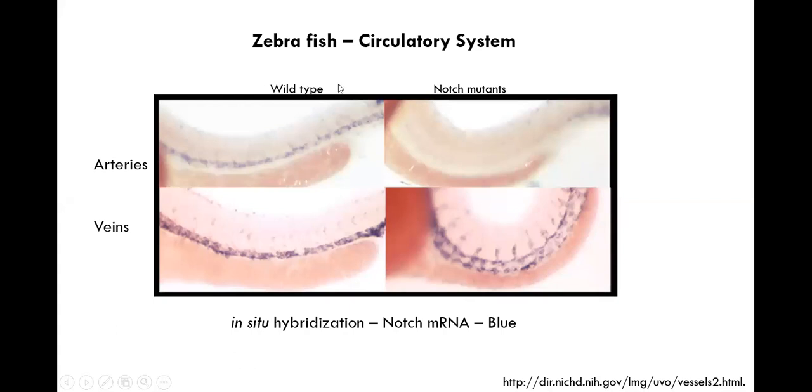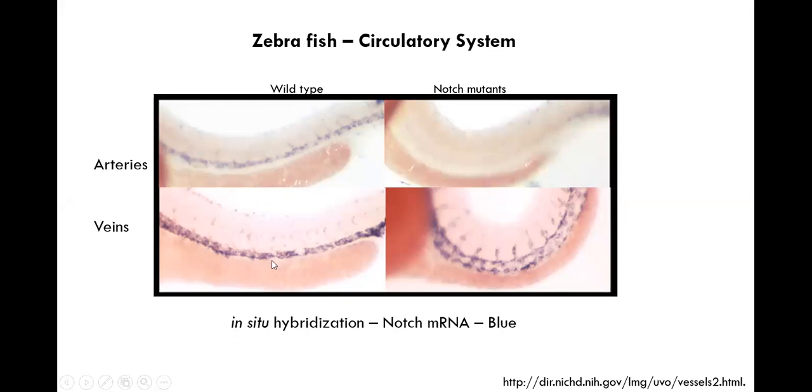So they looked at a wild type situation where notch is normal and functioning. They looked at arteries and veins to see where notch is expressed. Using in situ hybridization, they localized notch in the wild type scenario, present both in arteries and in veins.